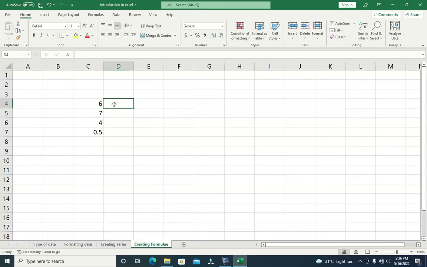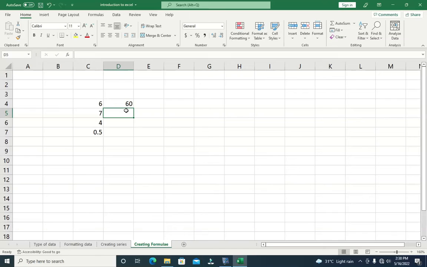So we say D4 should be equal to, then we click on the C4 cell, because we would want D4 to be the whole of this cell, multiplied by, let's say, 10. So we are saying 6 times 10, right? But this time around we didn't write 6, but rather we selected the whole cell. When we press Enter, it has given us 60.